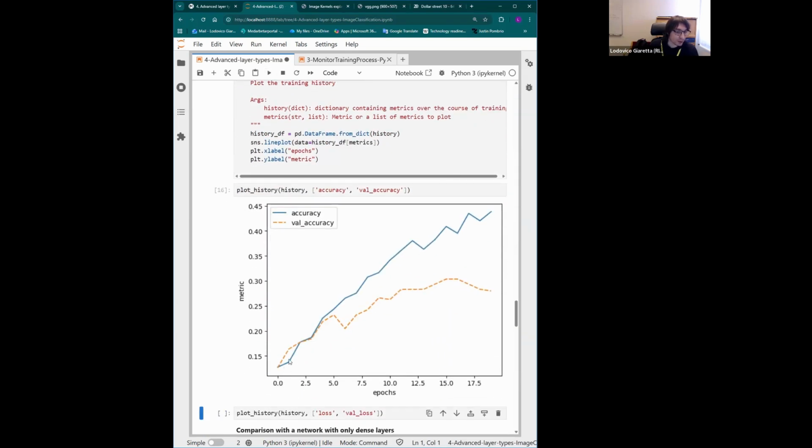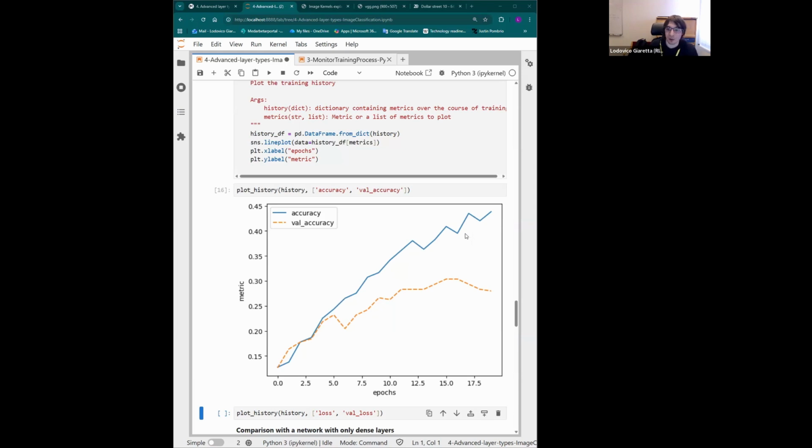And well, what do we see here? We can see that there is quite a significant difference between the training accuracy and the accuracy that we have on the test set. And this is not very good. On the test set, we are plateauing. On the training set, instead, we keep improving our accuracy.